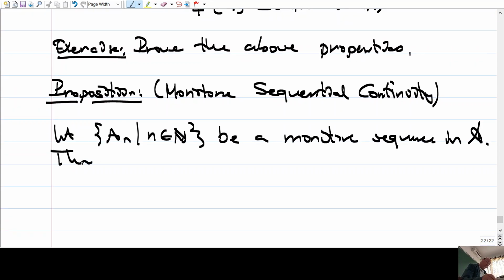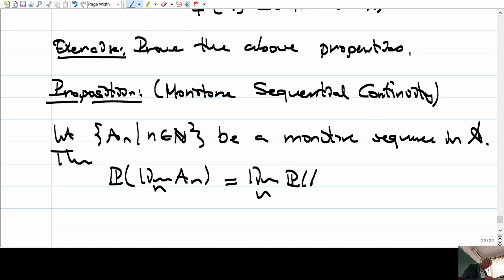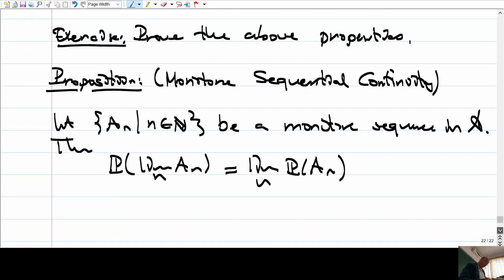Then the conclusion is that the limit of the probability of An is the probability of the limit. Here you take the limit of the sequence and then take its probability, and here we have the reverse operation. First I take the probability and then take the limit of the real numbers.